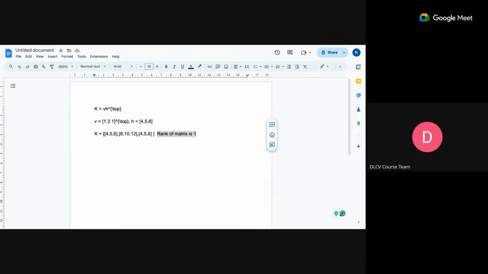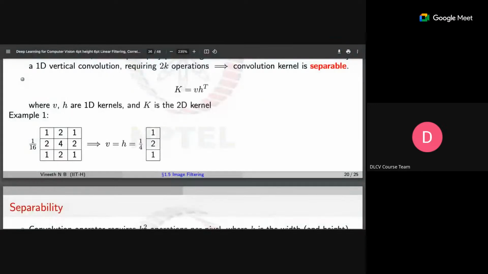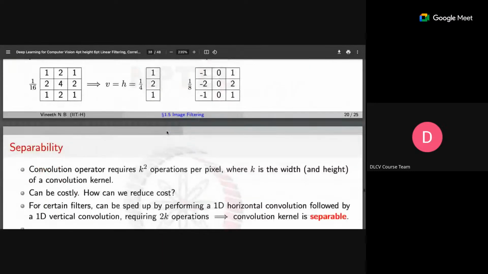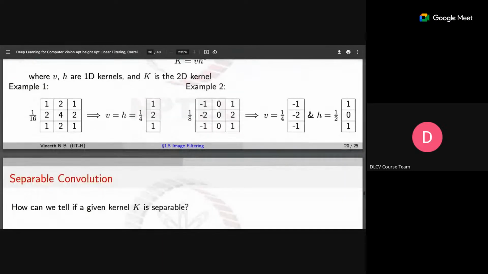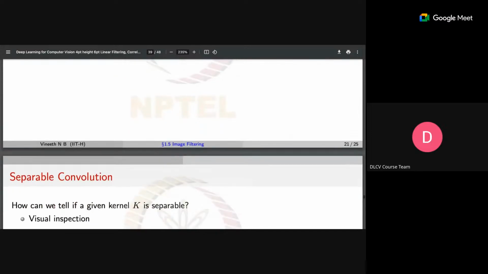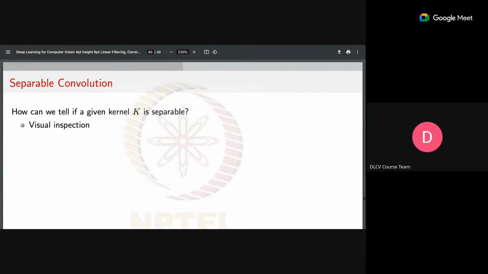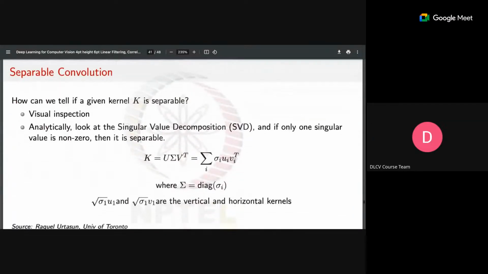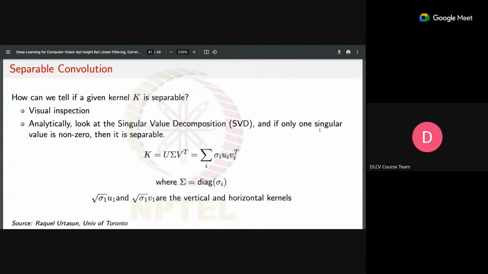In the slides, if you see, slide 40, if you look at the singular value decomposition, only one singular value is non-zero.